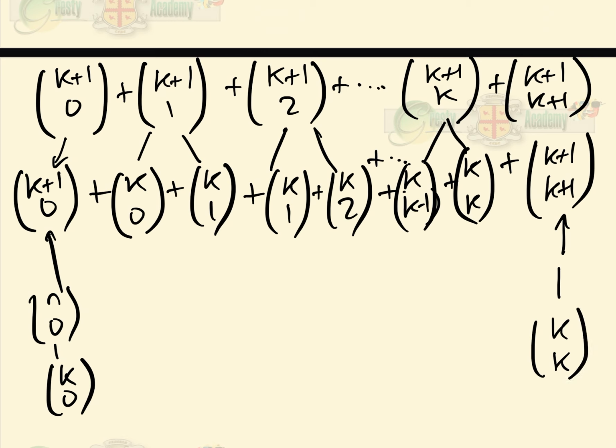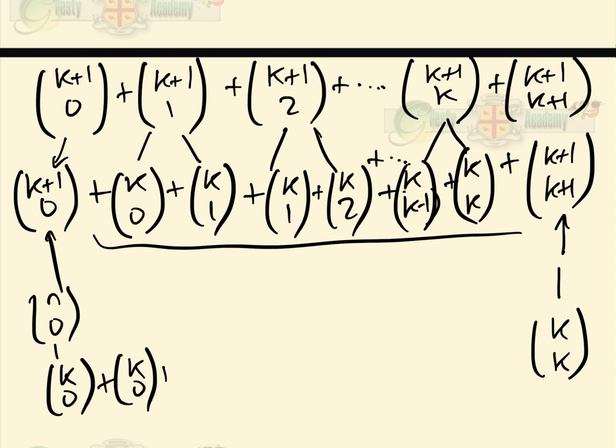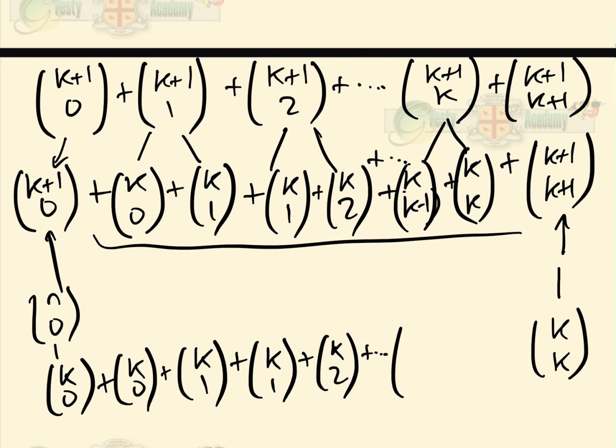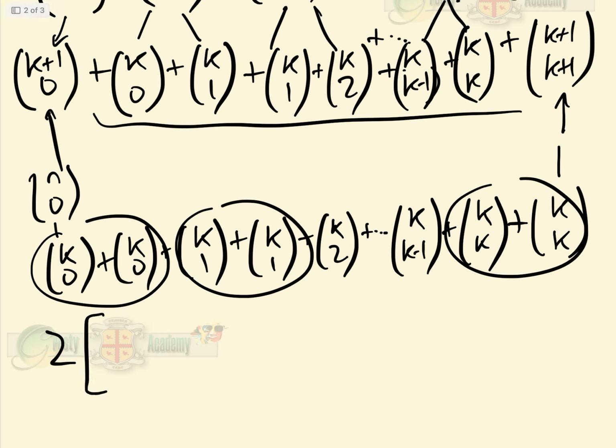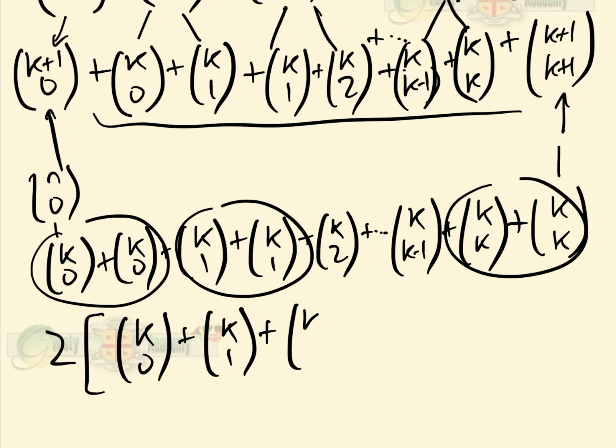Now if we look and rewrite all of this bit in the middle, we have C(k, 0), add C(k, 0), C(k, 1), add C(k, 1), add C(k, 2), add C(k, k minus 1), add C(k, k), add C(k, k). And if you notice, we have 2 of each of these, and therefore we can take the factor of 2 out, and that gives us 2 times C(k, 0) add C(k, 1) add C(k, 2) add up to C(k, k).